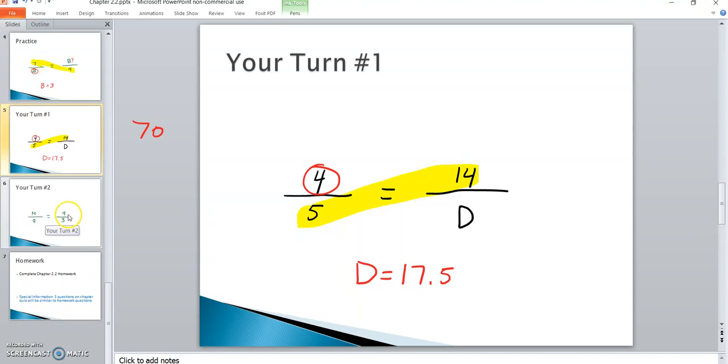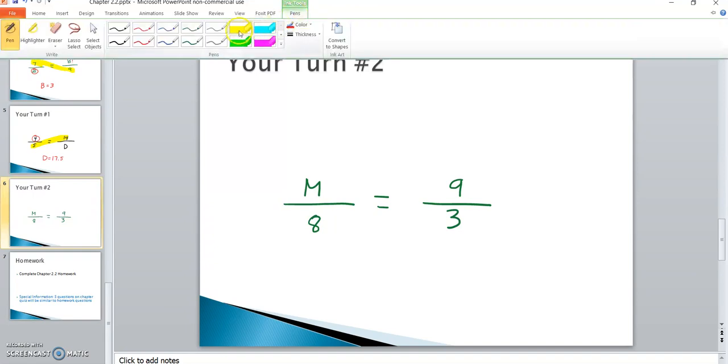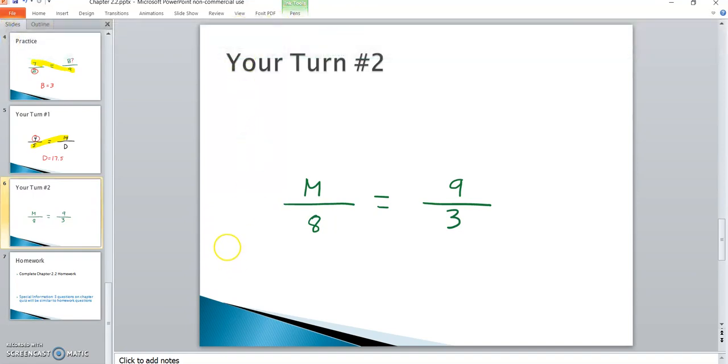Let's try one more. So in this one, we're using the letter M, and again, the letter doesn't actually matter. It could be M, it could be A, or T, or Z, or X, and our final answer is always going to be whatever that letter is equals whatever our number is. Okay, so in this one, I want you to pause the video and try to figure this one out for yourself.